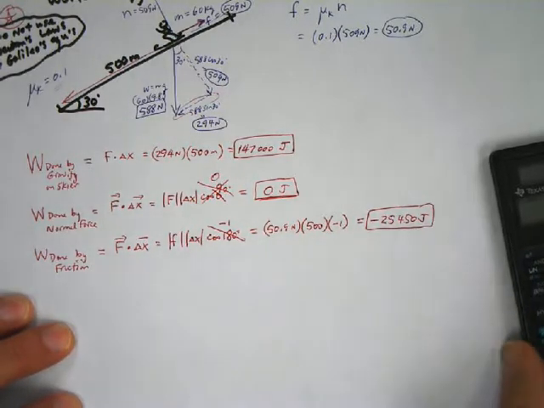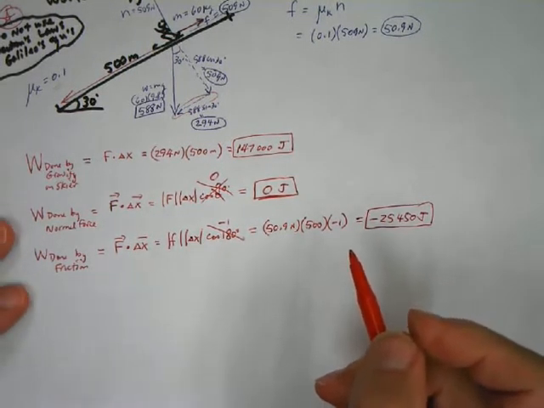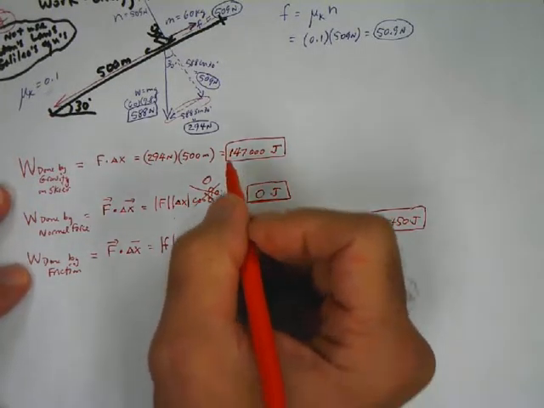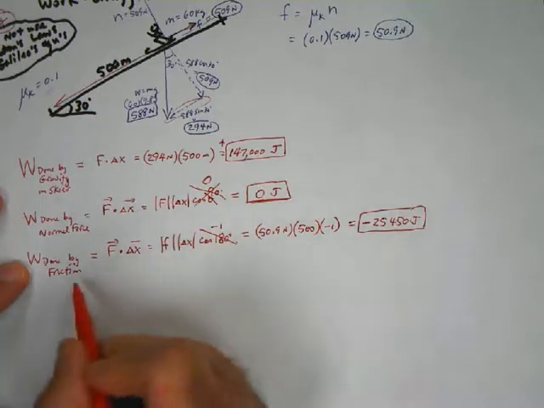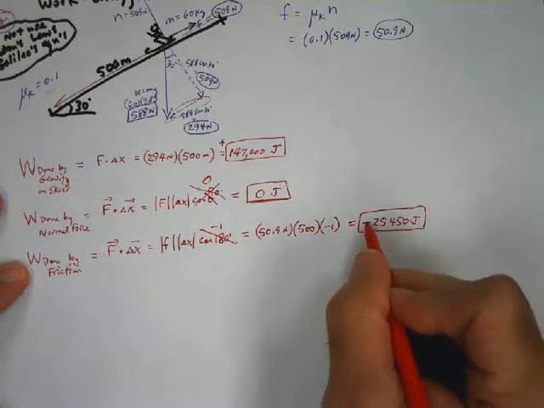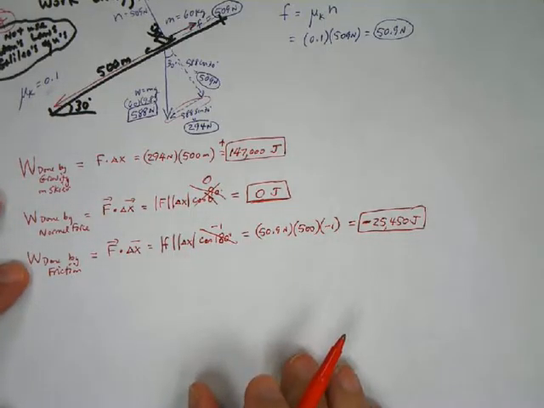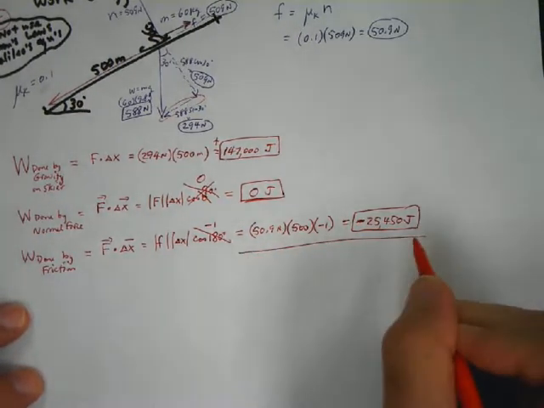Okay, so if we check our energy budget here, the amount of work done by the different items we have: the work done by gravity is a positive 147,000 joules. The work done by the normal force is 0 joules. The work done by friction is equal to a negative 25,450 joules. So what's the amount of net work done on the skier? Well, we can add those up.